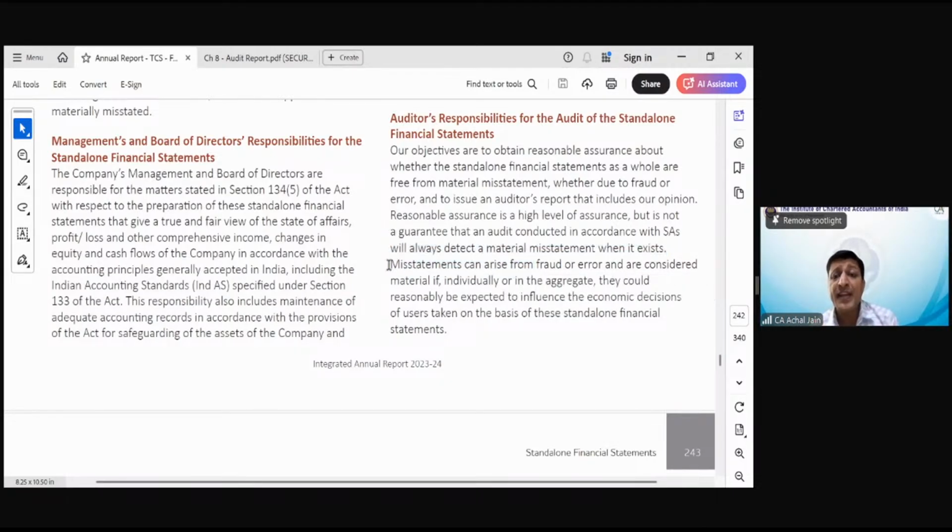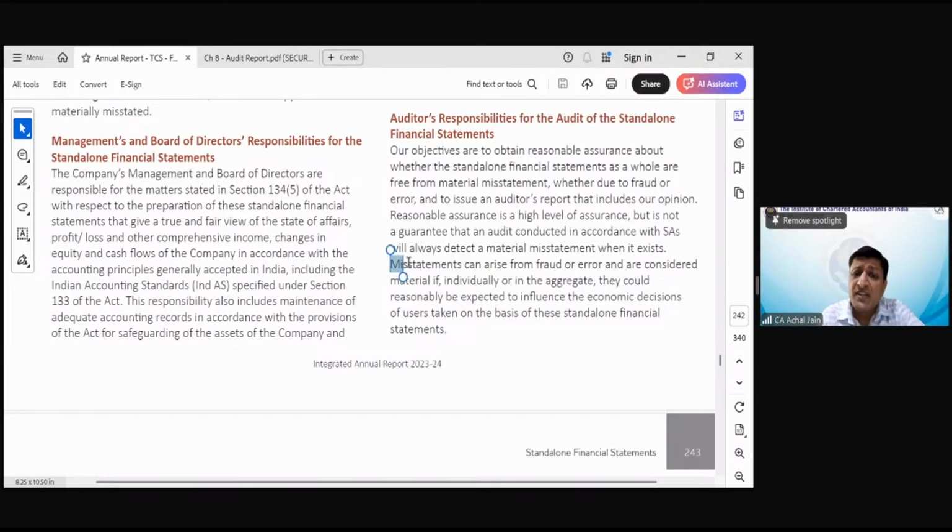Further, he is explaining the misstatements. He's saying they may arise from fraud or error and are considered reasonable material. Now, if you look at it from the perspective of any user or a layman, will he understand this word material? So that's why auditor is explaining materiality also.